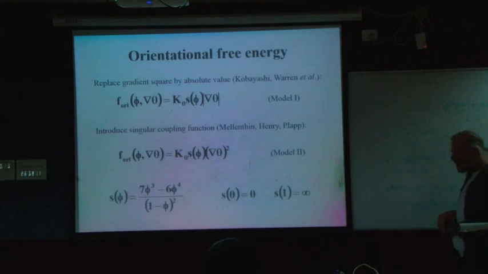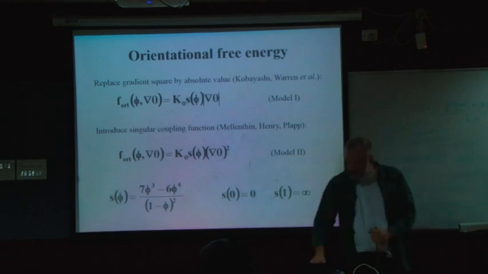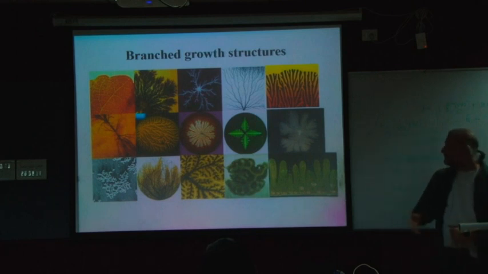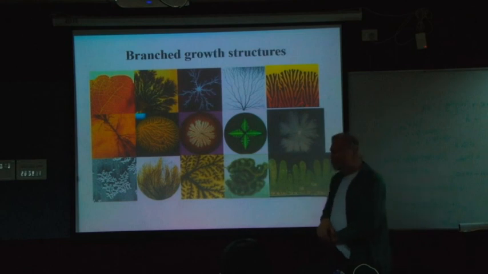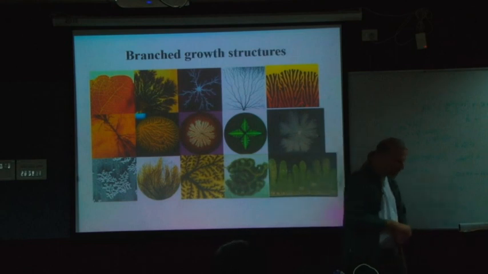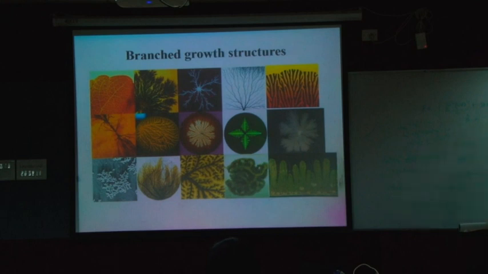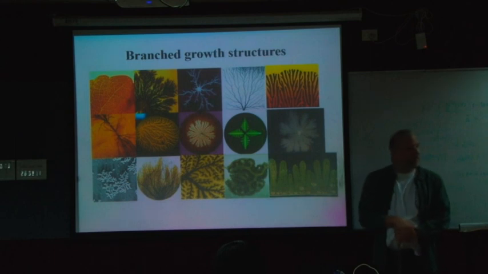And here I will come back first to this slide that I showed you the first day. There are many complicated ramified structures, and I will show you now that we can describe some complicated and ramified structures or some other problems that produce such structures, even though they are not phase transitions.